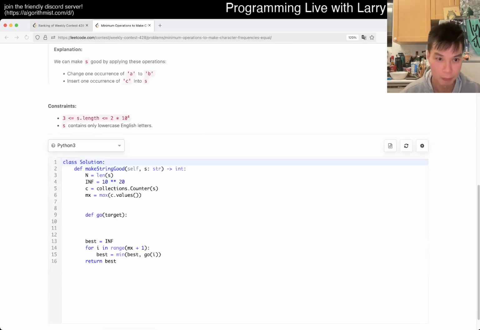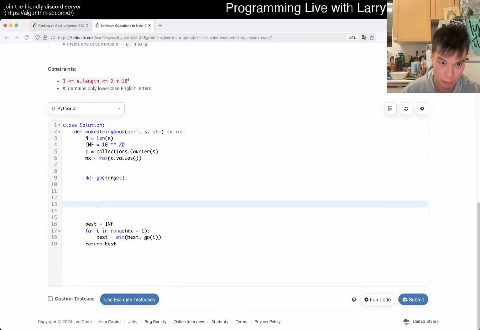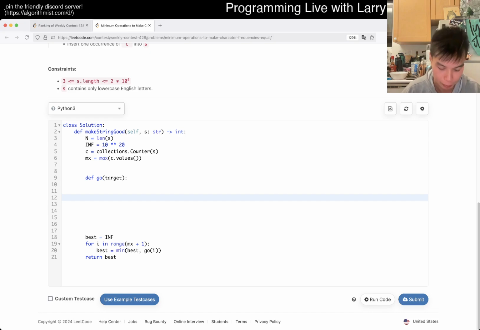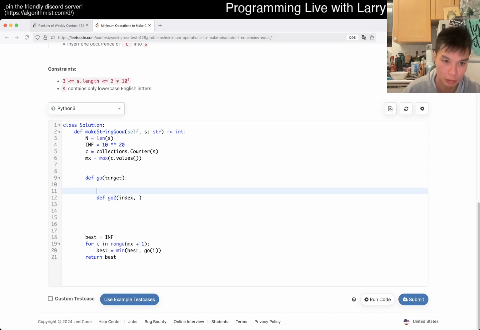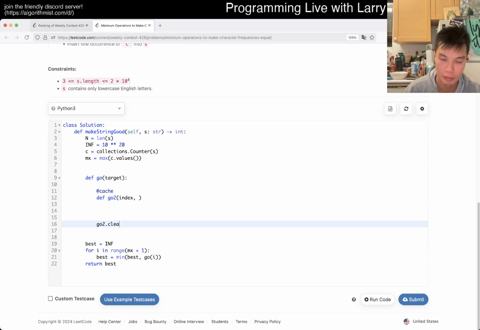So it's either delete or carryover, and it's from the previous one. Let's sketch this out. I don't know that I know how to do this one, but yeah, let's sketch this out. Let's just say index. The target is the target. Let's say for cache here, right? So we have the index, and then leftovers, and that's it, right?